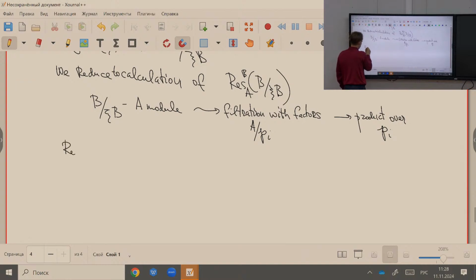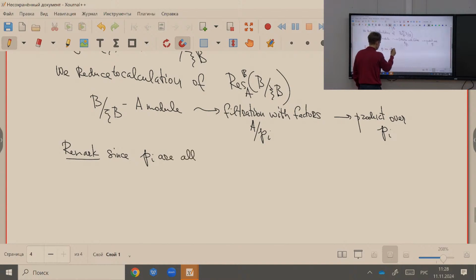Remark. Since the primes are all maximal, when you're thinking about this filtration, you have to take into account the multiplicity of the factors, how many times the factor appears.